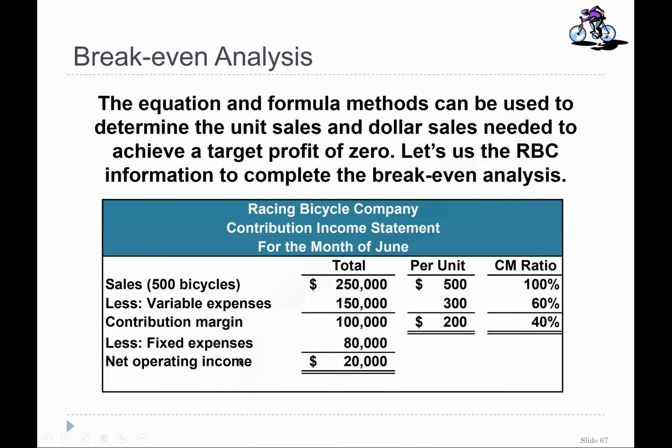We have the same example in which the company has 20,000 profit, 80,000 fixed cost, 250,000 total sales. Per unit, 500 is the price of the bicycle and 200 is the contribution margin.